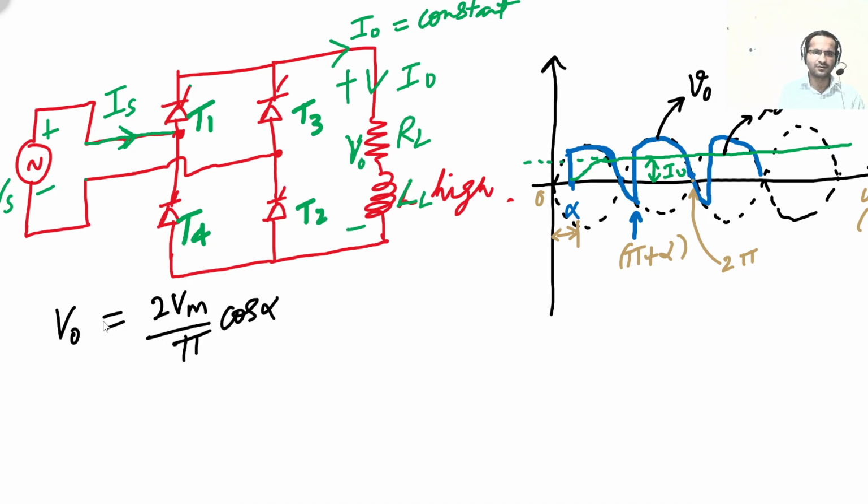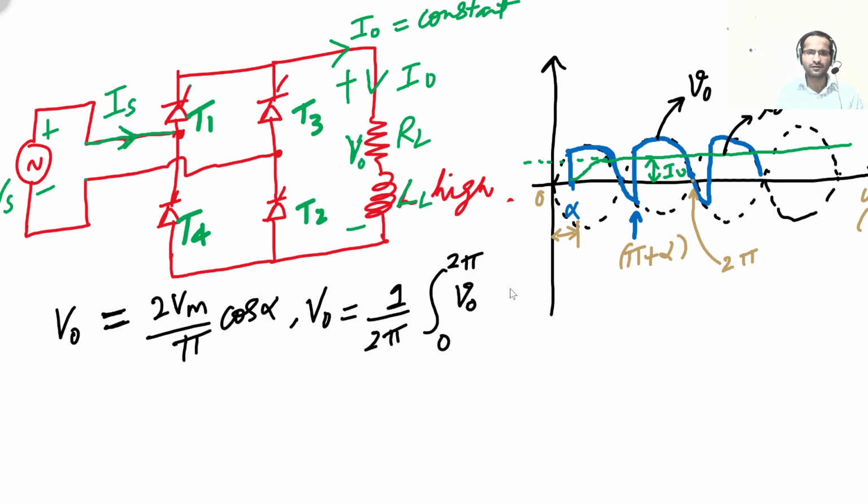I am assuming that you already know how to calculate average voltage, or else you can integrate this from 0 to 2 pi, V output with respect to d omega t. You will get the same.